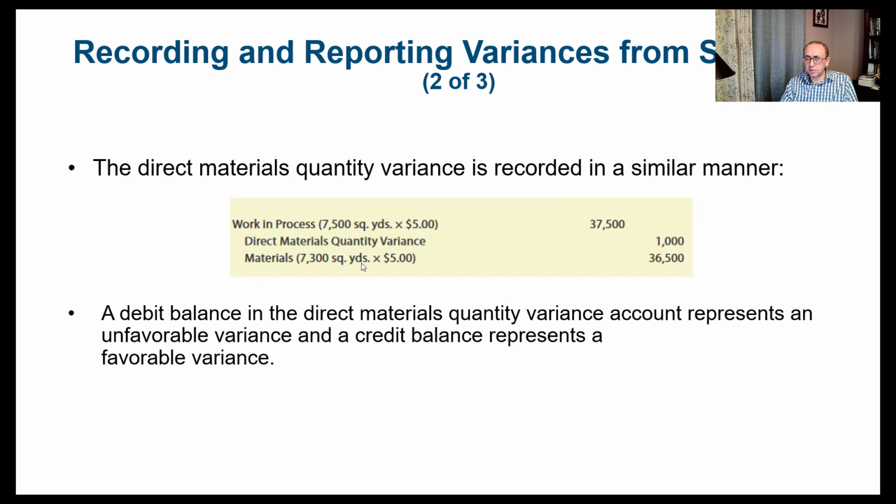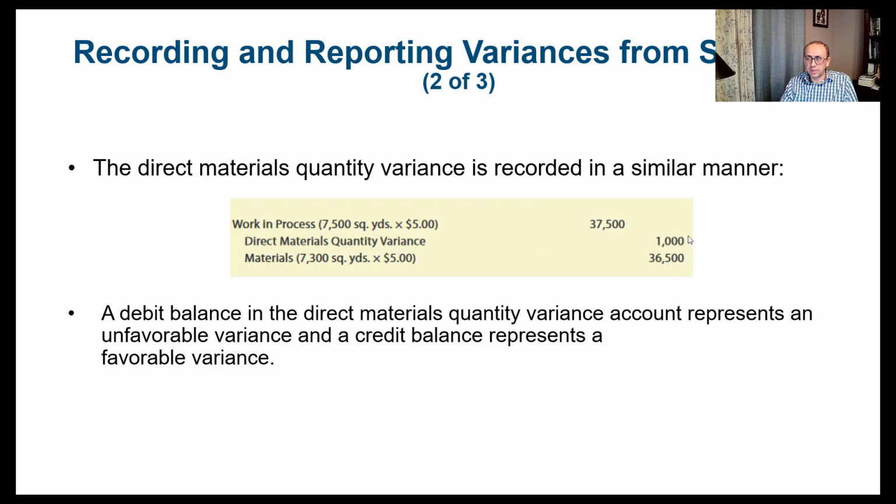And then we credit material based on what we purchased, 7,300 square yards. That's at $5, which is the standard price, and that's 36,500. The difference between these is 1,000. It's actually on the credit side, and we record that as direct material quantity variance.